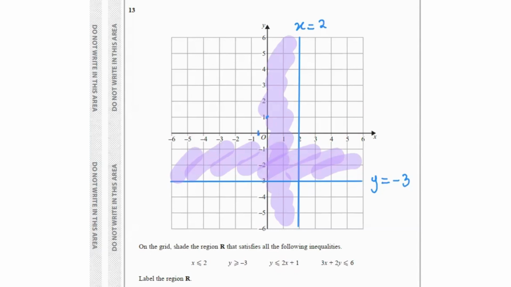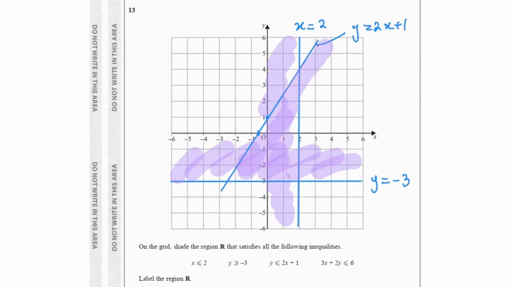So if we connect this, that's our third line, y equals 2x plus 1. And for this, the shading is less than, so that means it's going to be under.